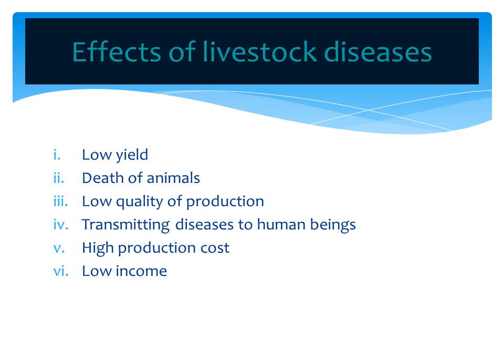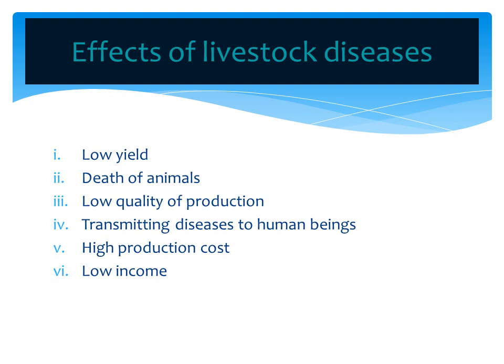Number 2, death of animals. Diseased animals may die. Unlike human beings, if the disease is not discovered earlier, the chances of survival are almost nil. So, death of animals.